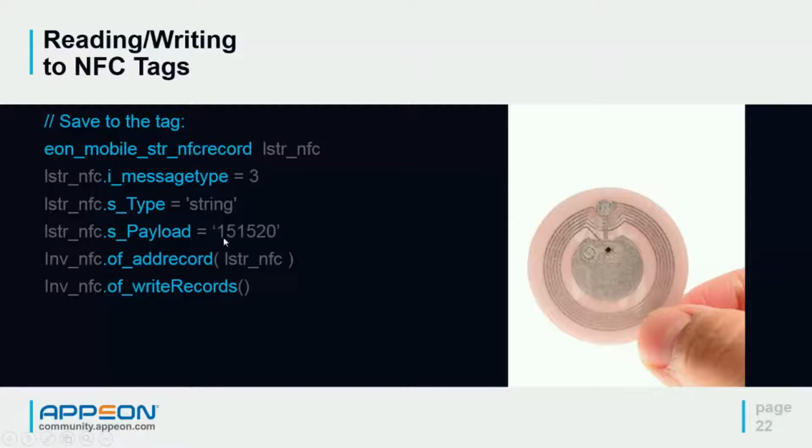And the payload is basically the item code that's going to help you go to the database and get all the item information. So this item is 151520. Then you call the function add record, and then at the end you write the records. So this function is when you send the information through the NFC standard to the tag.